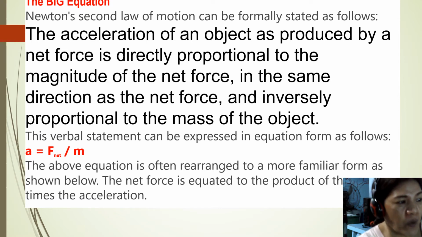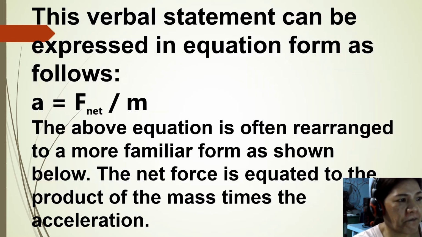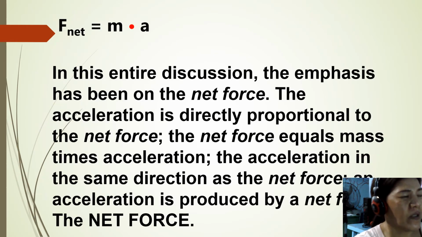The above equation is often rearranged to a more familiar form as shown below. The net force is equal to the product of mass times acceleration. So net force is equal to mass times acceleration.